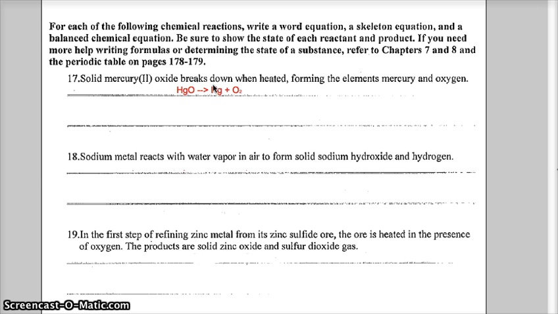So I'm going to rewrite this equation and put in our coefficients that will balance it. So we have HgO, and this is a decomposition reaction because we have a compound that goes through a reaction and separates into its own components.